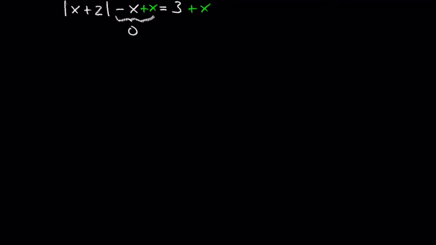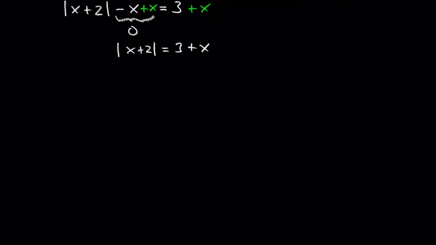So we don't need to write the 0, because the absolute value minus 0 is still just the absolute value. Make sure that you always start like this when you have an absolute value. The best is to isolate it on the left side of your equation.